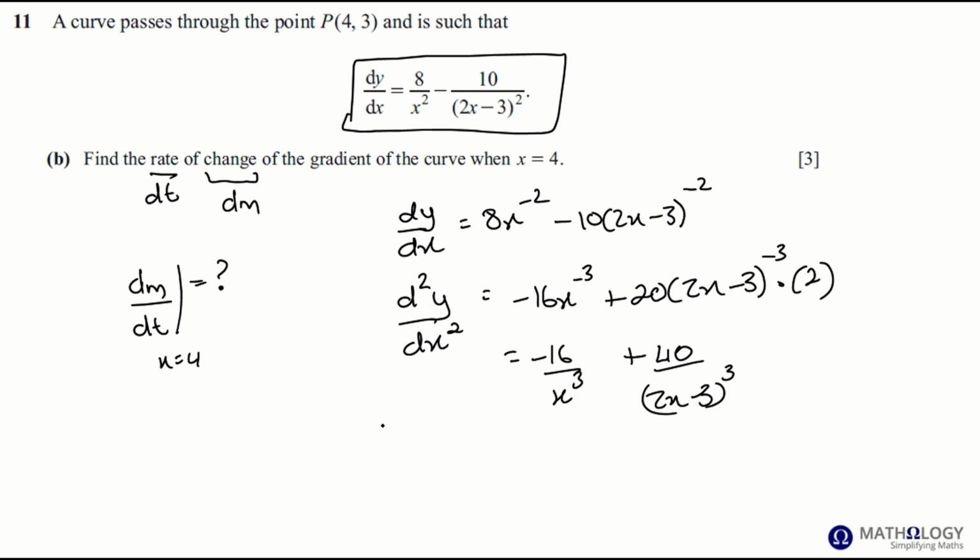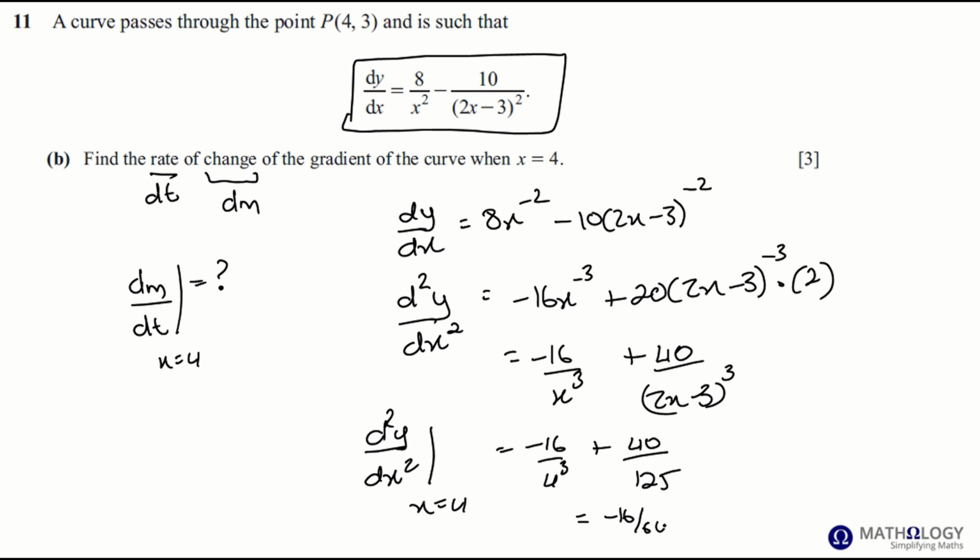And we want to know what the second derivative is when x equals 4. So it's minus 16 over 4 cubed plus 40 over (4 times 2 is 8 minus 3 is 5), 5 cubed is 125. So minus 16 over 64 plus 40 over 125 equals, that's 7 over 100, which is 0.07.